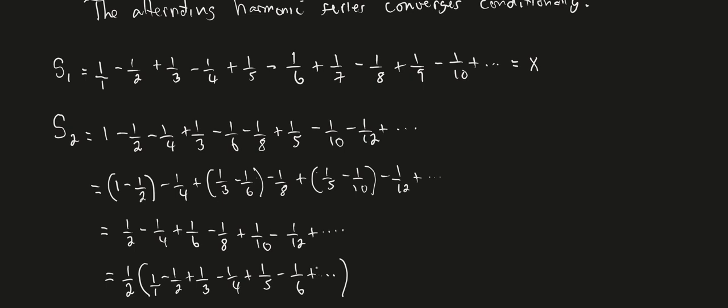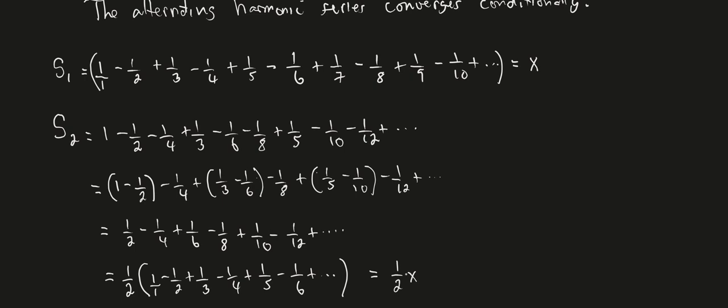So what I have in parentheses is essentially what I started with in the beginning, and I call that x, because I know it converges conditionally. It's going to have to add up to some number, whatever that number is. I'm just going to call it x. But what I have in parentheses now is that same expression in that same order. So this is equal to 1/2 of x.